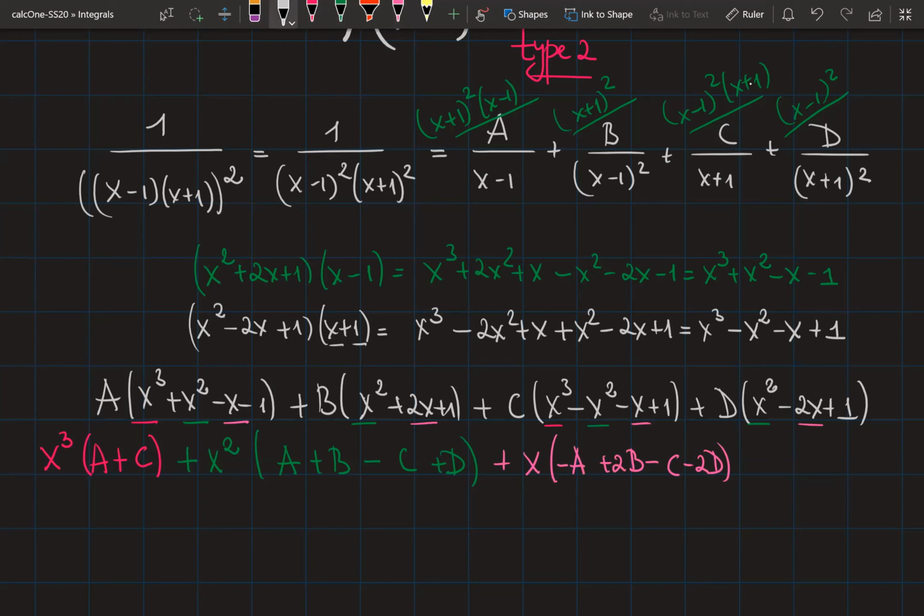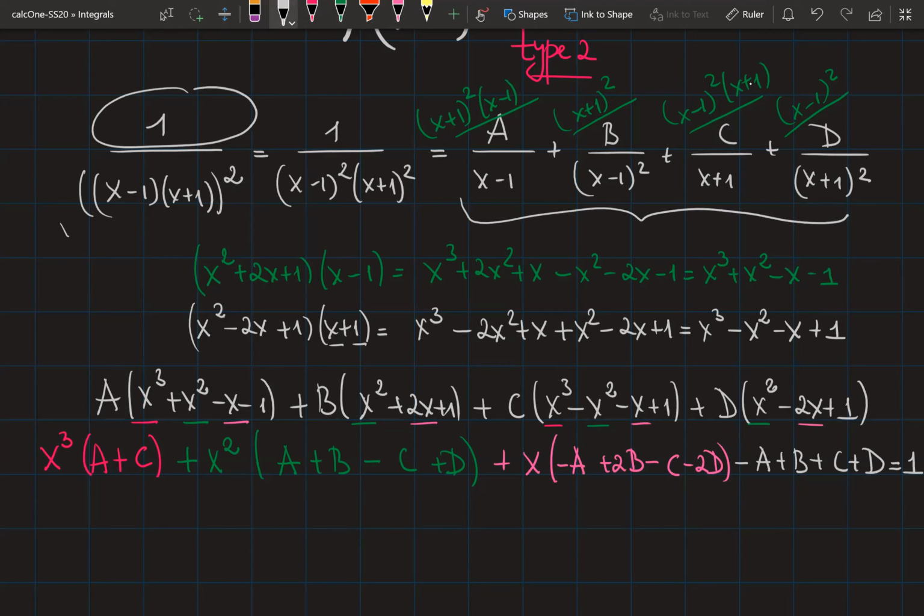So it's going to be minus a plus b plus c plus d. And please note that all of this should be equal to 1, right? Because this is the numerator from the left-hand side part. So what we did is we wrote down the first rational function as the second one.